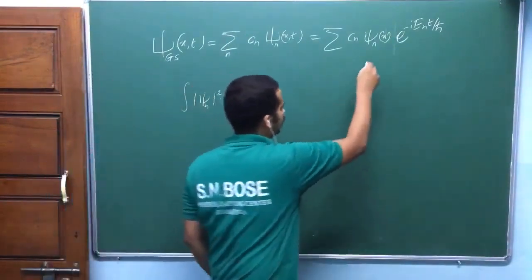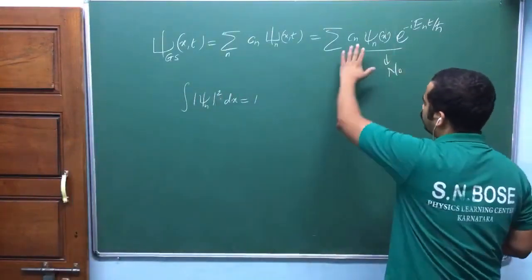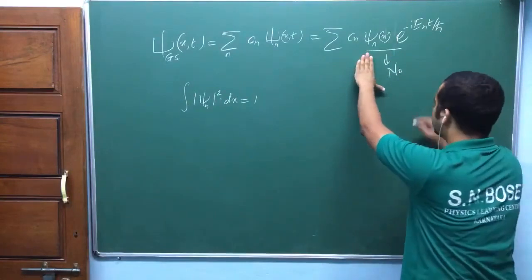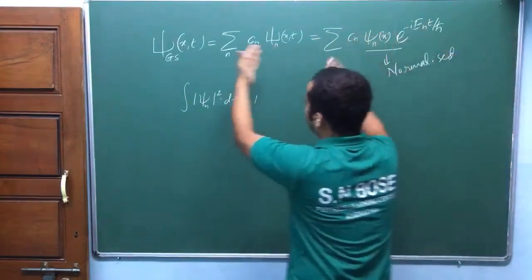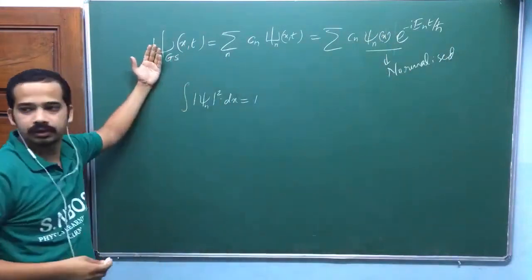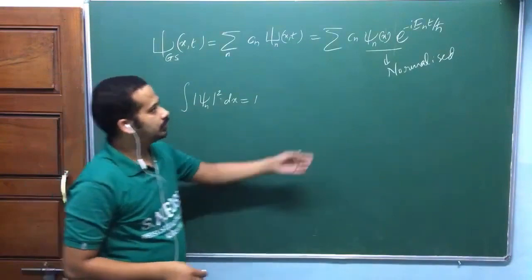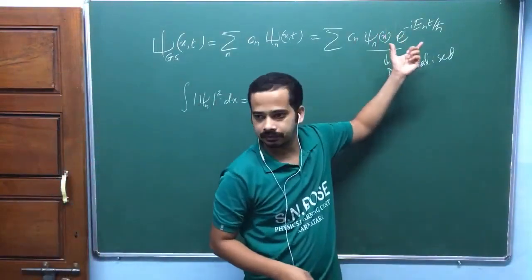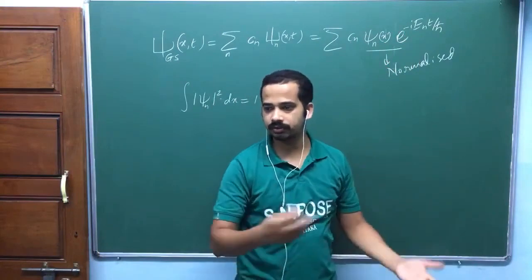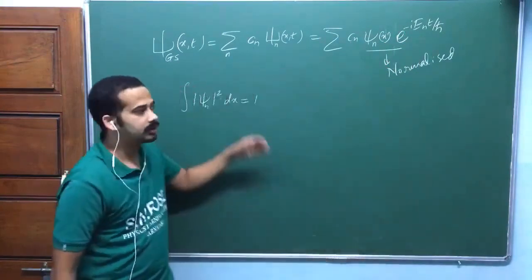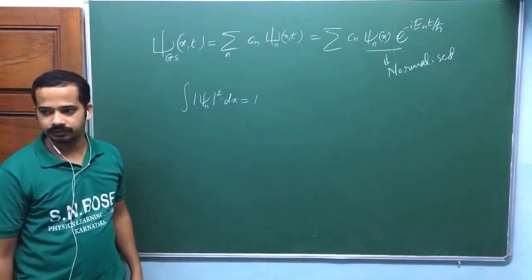These are all normalized eigenstates. Whatever you substitute here, these are normalized. After making the linear combination, this need not be normalized, isn't it? You should enforce that condition. These are individually normalized. After making a linear combination by multiplying some constants 1, 2, 3, 4 like that, the total state need not be normalized. You should enforce that condition.